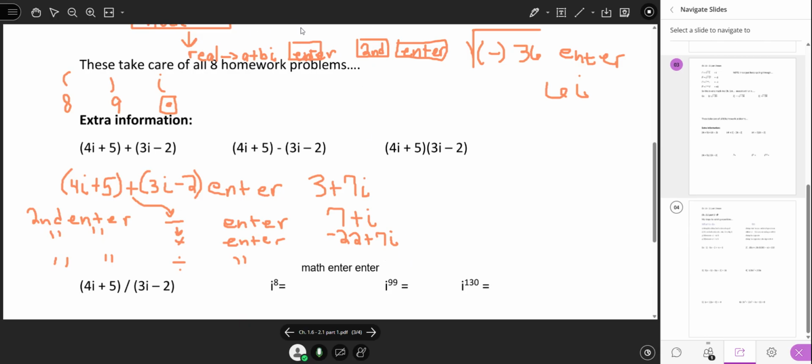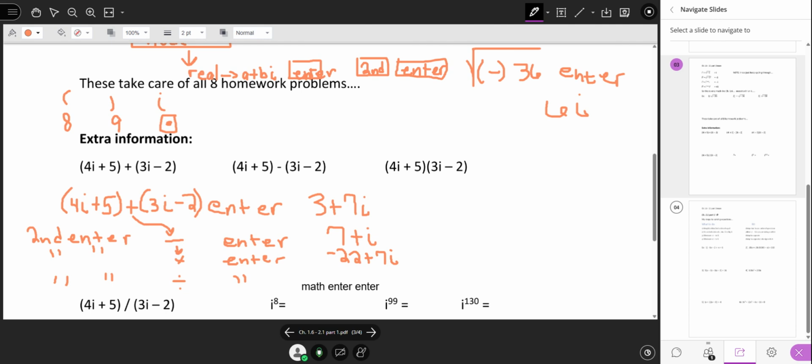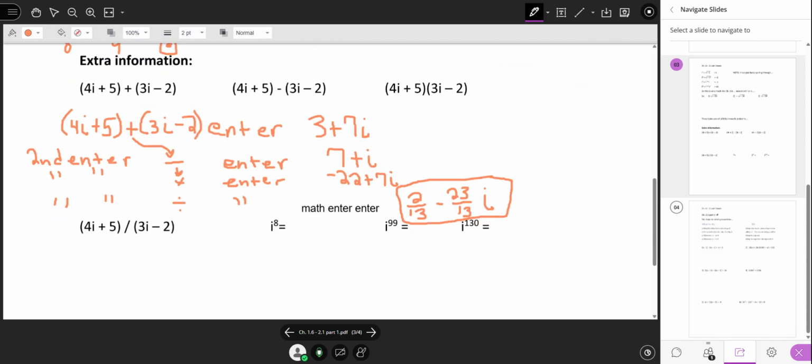And when you do that, what you get is 2 over 13 minus 23 over 13i. Yeehaw. Okay.